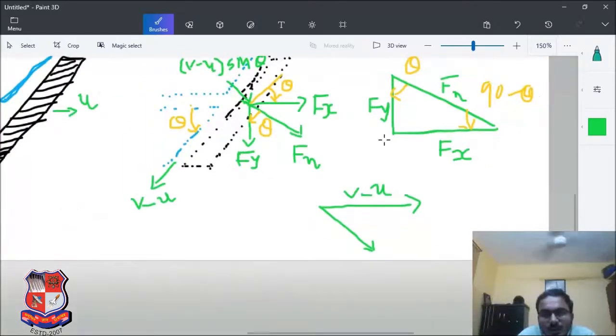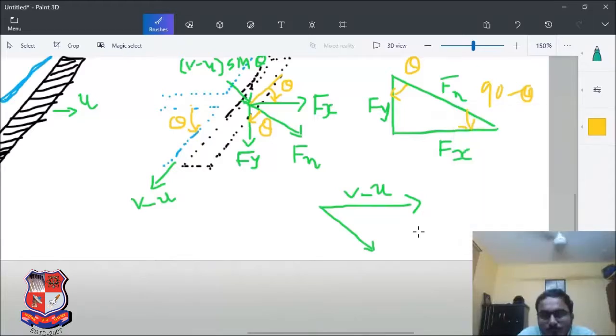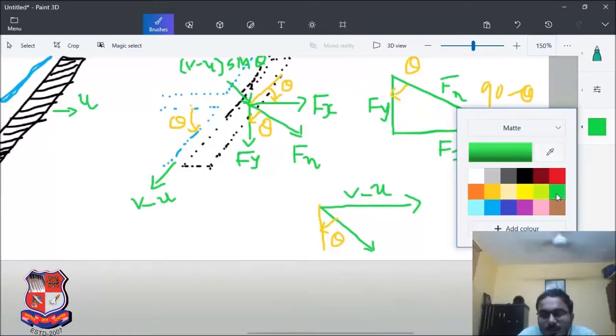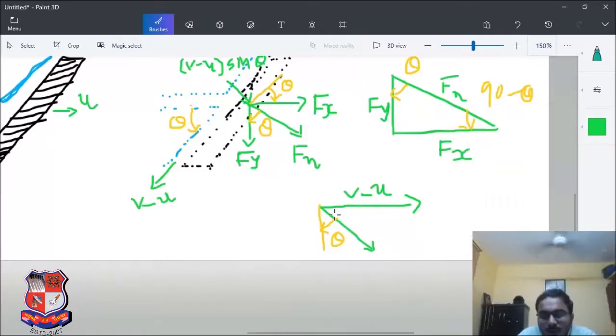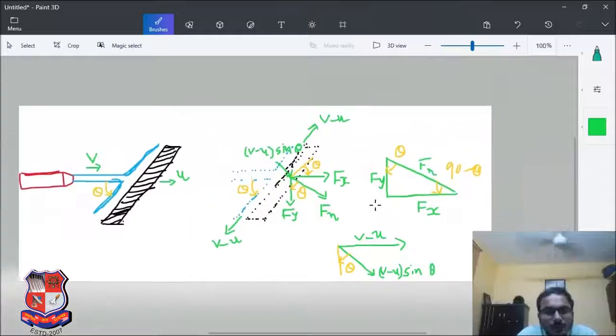If you see all these triangles, this angle is always theta. That's why the normal direction component of velocity will always be v minus u into sine theta. Okay, so we are done with this figure and we will copy this.